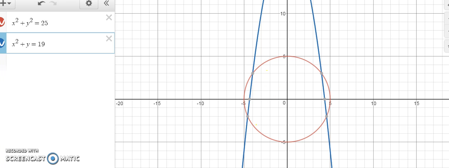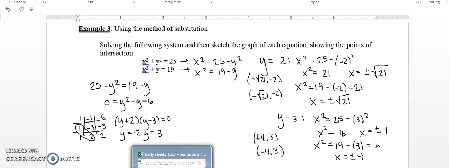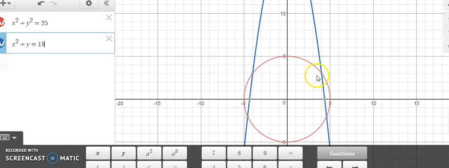And remember, our 4 points of intersection were at positive square root of 21, comma negative 2. So 4.583 is the square root of 21, and negative 2. So there's one of our intersections.